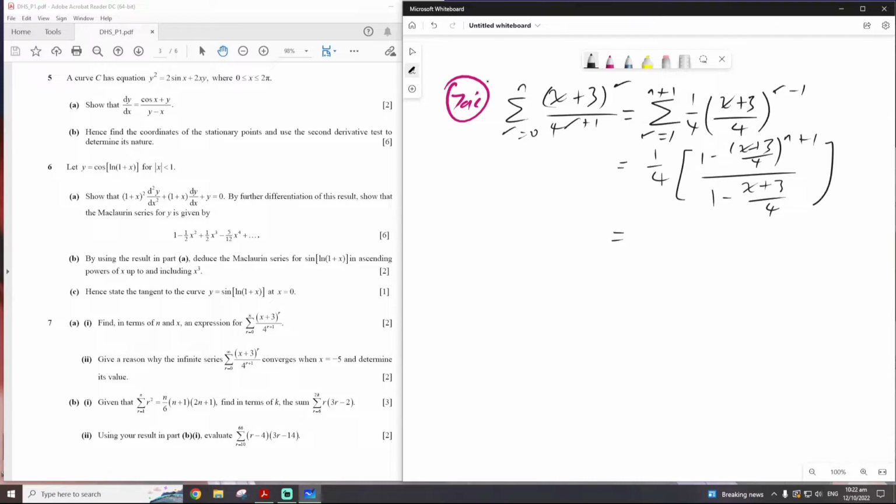If I multiply in the quarter here, I'll just get 1 minus ((x plus 3) divided by 4) to the power of n plus 1, divided by 1 minus x. And I think that's good enough because there's only 2 marks. They do not really need us to simplify any further than this.